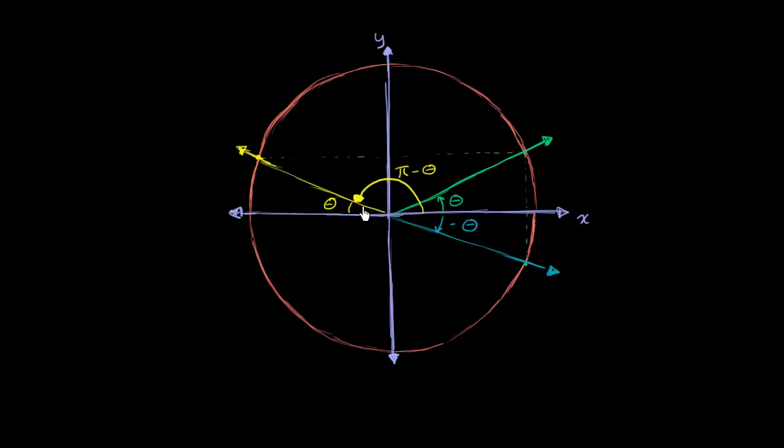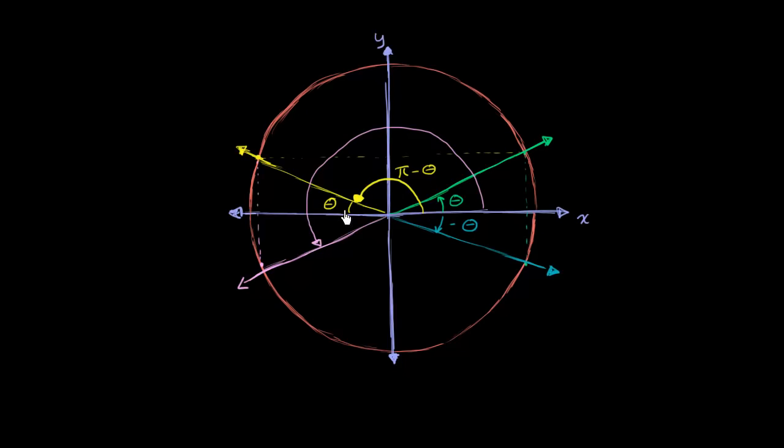Now let's flip this one over the negative x-axis. So if we flip this one over the negative x-axis, you're going to get right over there, and so you're going to get an angle that looks like this. And now what is going to be the measure of this angle? So if we go all the way around like that, what is the measure of that angle?